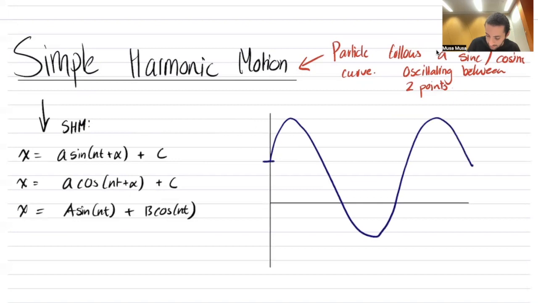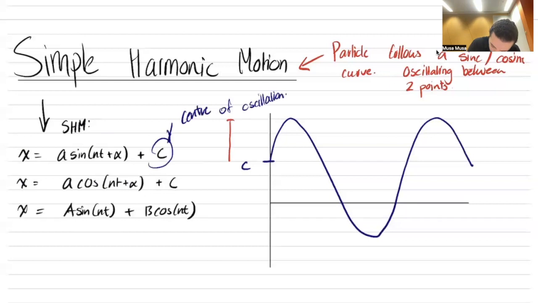We'll call this C. Now, C refers to the center of oscillation. So from where is it going up and from where is it going down? The A refers to the amplitude. Okay, so remember, A is positive.